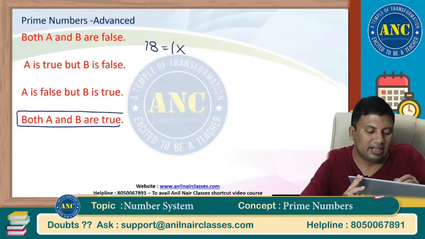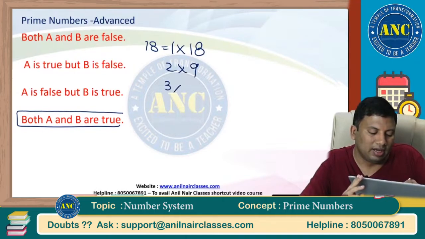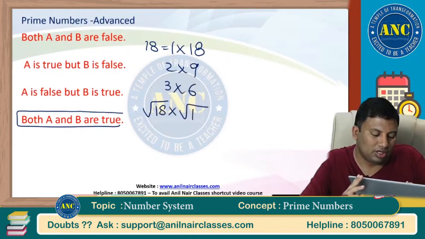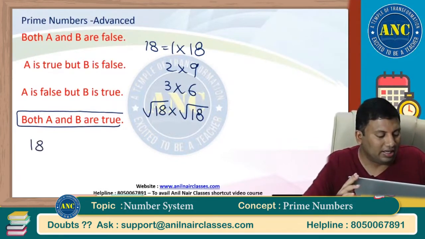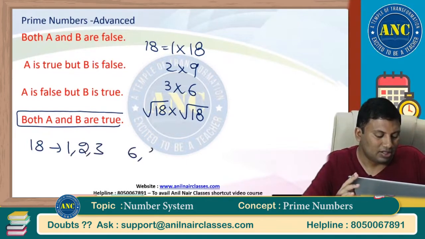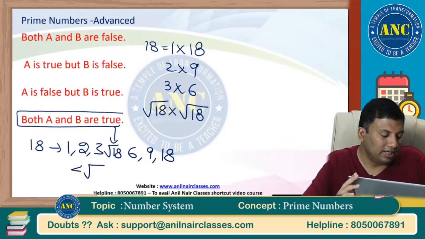Take 18. 18 is nothing but 1 into 18, 2 into 9, 3 into 6, and root 18 into root 18. 18's factors are 1, 2, 3, 6, 9, 18. I will insert root 18. For any integer less than root n, are there any factors?